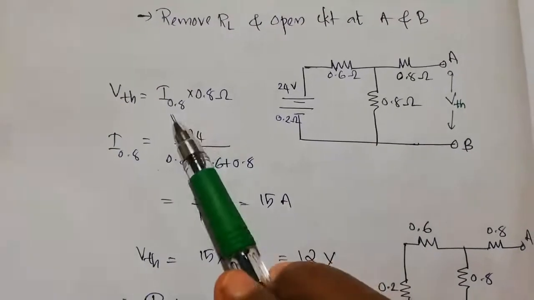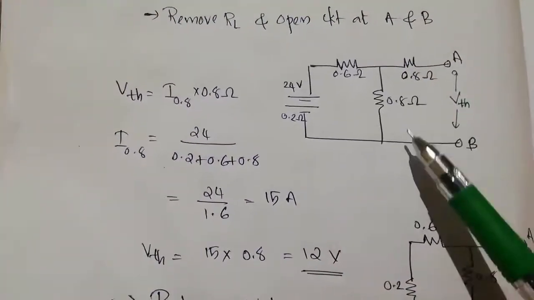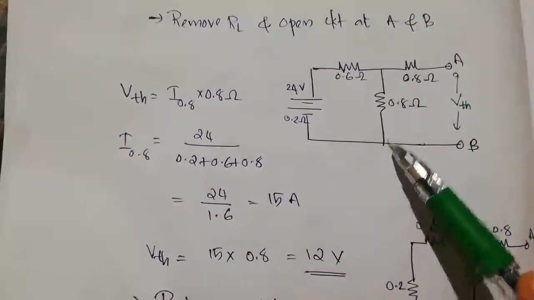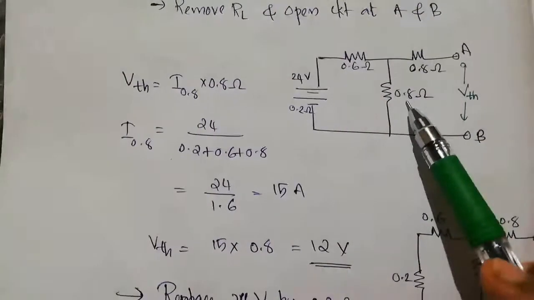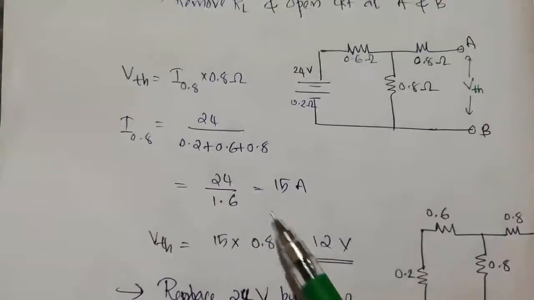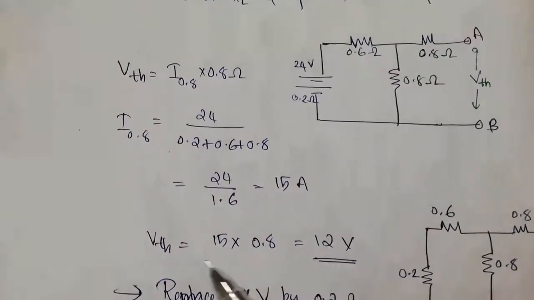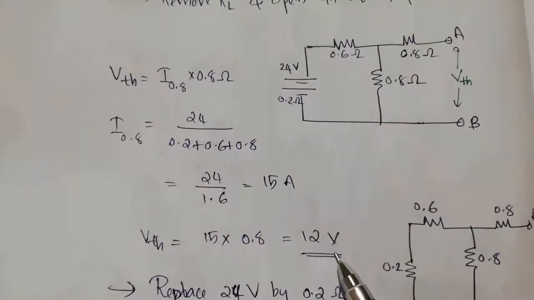According to Ohm's law, V is equal to IR. We are calculating the VTH across these terminals, so we have to find the voltage across this resistance. So I at 0.8 will be equal to 24 divided by 0.2 plus 0.6 plus 0.8. That's equal to 15 ampere. So VTH is equal to 15 into 0.8, that's equal to 12 volt.